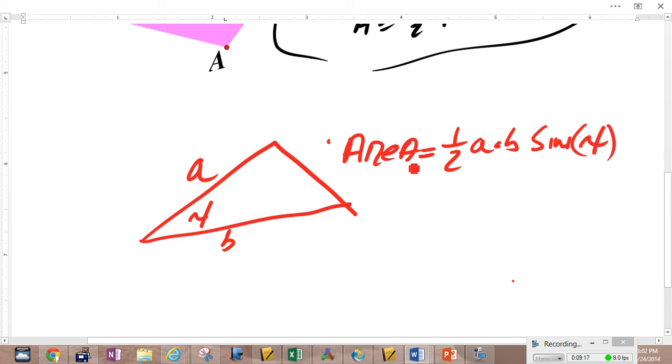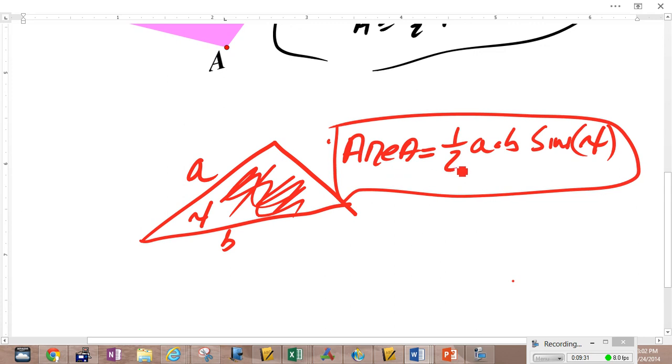New formula for the area now. My area is 1/2 the product of the two sides given and the sine of the angle in between. New formula for area of a triangle: 1/2 the product of the two sides and the sine of the angle formed by those two sides. 1/2 A times B, the sine of x.